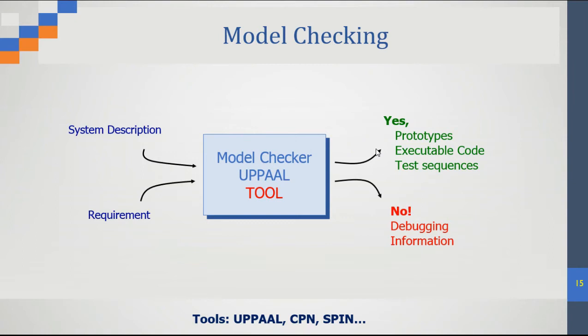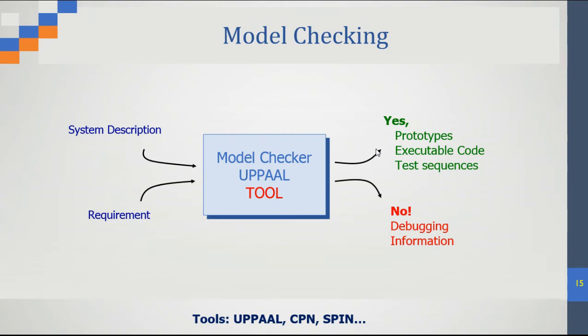So we continue with model checking. In model checking, we model the system. Based on the system description and the requirements, we use the model checking. Here it's Uppaal model checking.